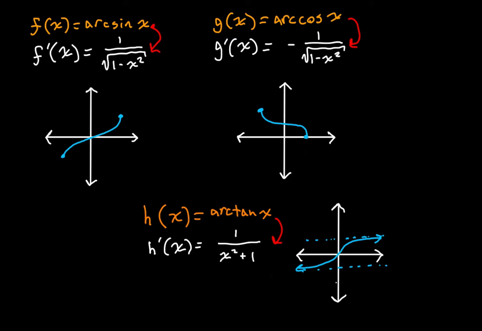So basically, these are the graphs of these functions: arcsine of x, arccosine of x, and arctangent of x. They come with these very limited ranges. So like the graph of f of x is arcsine of x doesn't go past this point here, or this point here. And it's the same over here on arccosine.